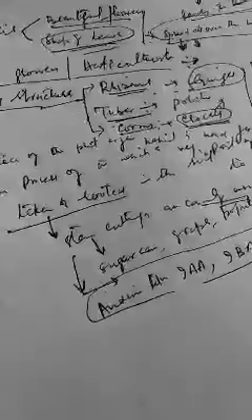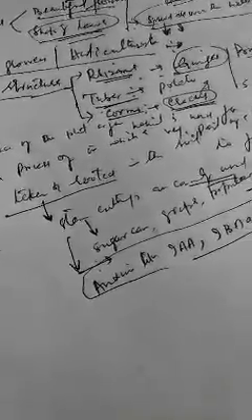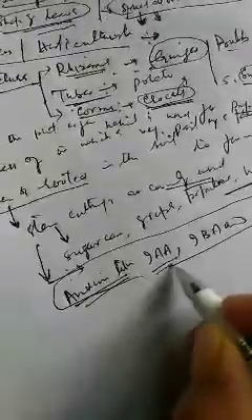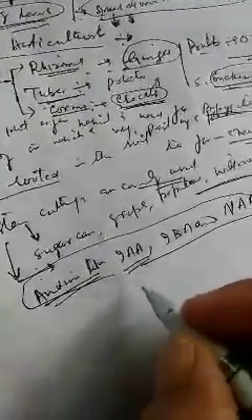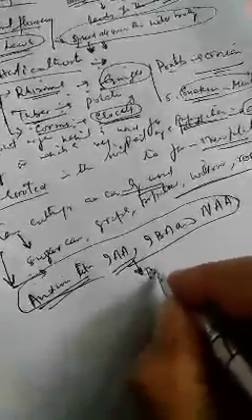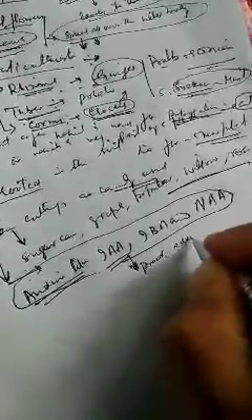Before inserting them into the soil, we spray the lower part of the cutting with special types of auxins like IAA, indole acetic acid, IBA, indole butyric acid, and NAA, naphthalene acetic acid, and then plant it into the soil. This helps it to produce adventitious roots.